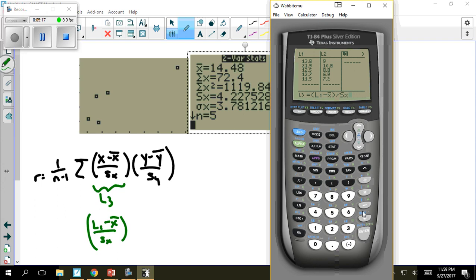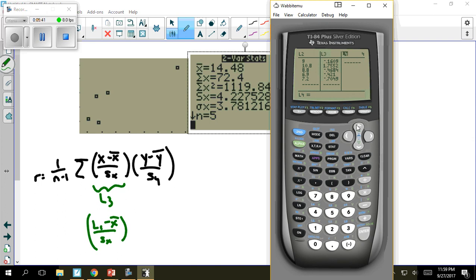Again, if you didn't do 2-Var Stats first, your calculator will either give you an error because it won't know what these are, or it will use some other x bar and s of x from a different problem. So you want to be cautious with that. Also, note that I've got the L3 highlighted. This is all the way up here. It's not in the first cell. That'll cause some problems. So I hit enter. I get this.